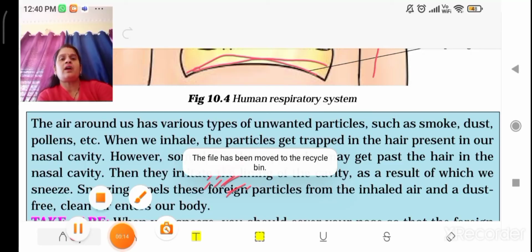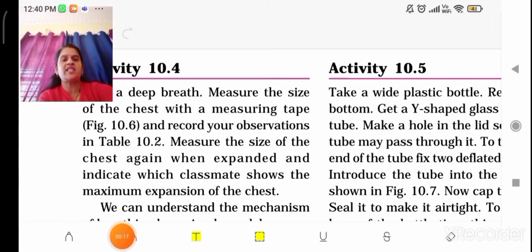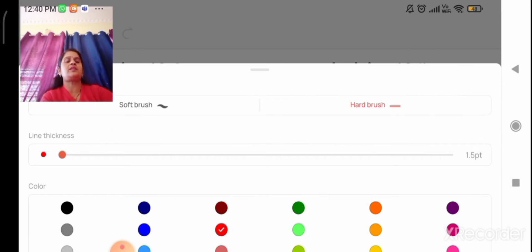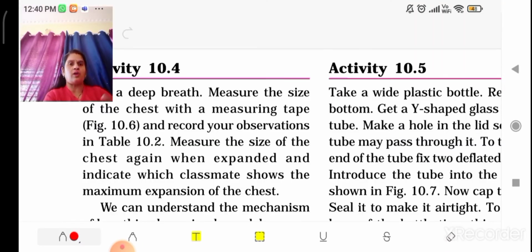Right. Now, what change actually takes place when we breathe? Have you observed that during breathing our chest gets swollen or comes out? Keep a hand on your chest and breathe in and breathe out. What change do you feel in your chest cavity?